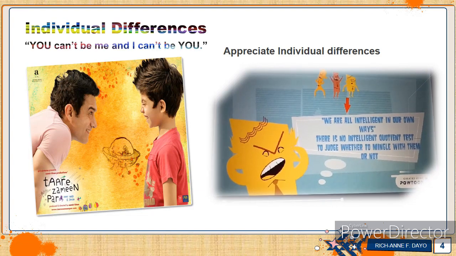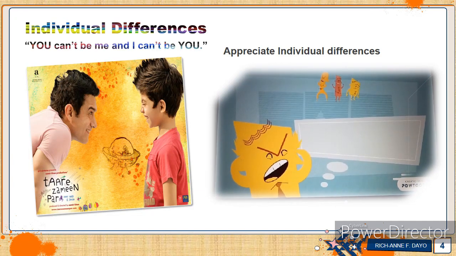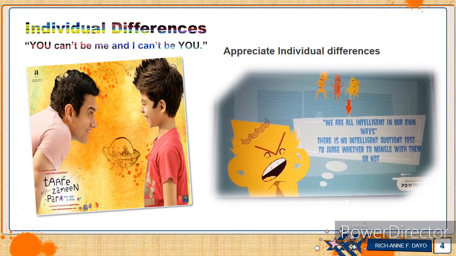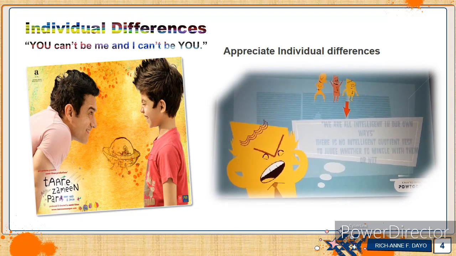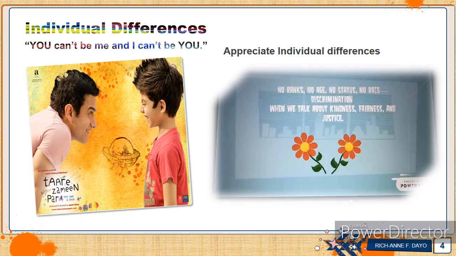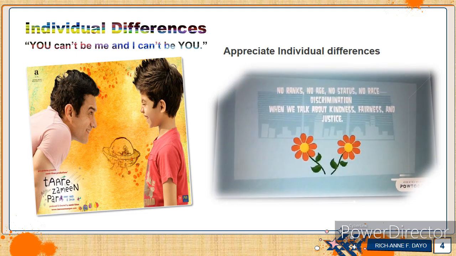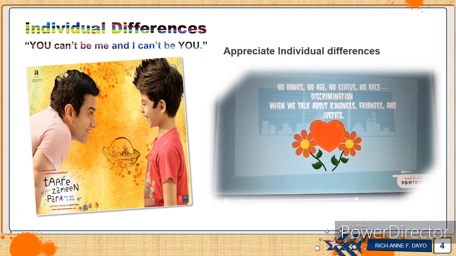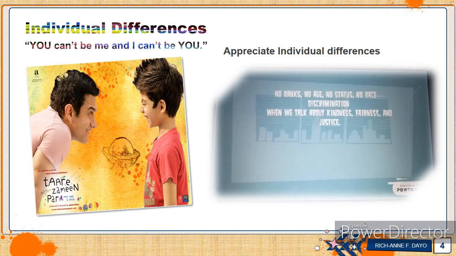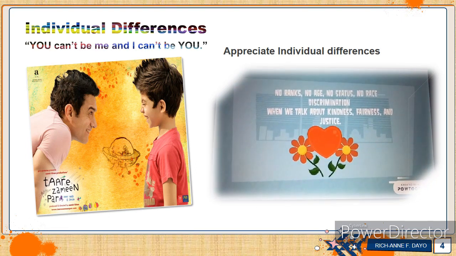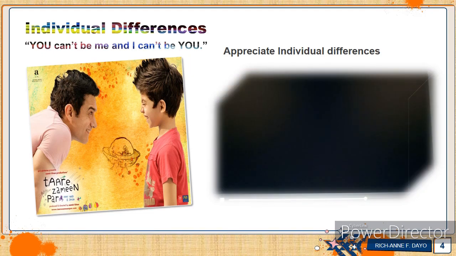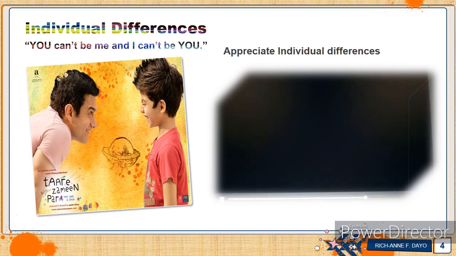We are all intelligent in our own ways. There is no intelligence quotient test to judge whether to mingle with them or not. No ranks, no age, no status, no race discrimination, when we talk about kindness, fairness, and justice. In the world without discrimination, she can play with you and me.